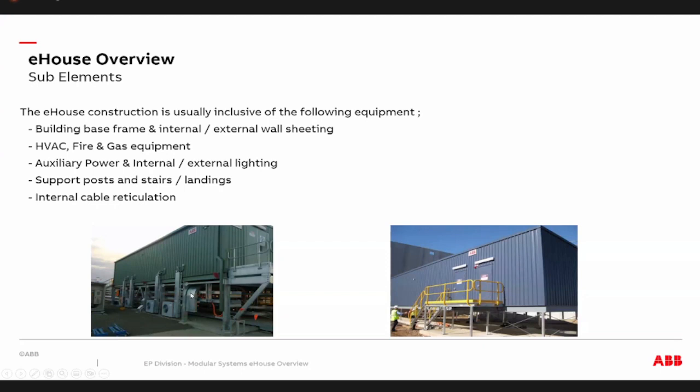And of course, yung mga support post natin, no? And stairs and landings, especially if we would like to have the bottom portion to become the cable trench natin or cable space natin, no? So of course with this kind of arrangement, since magkakalapit na yung mga equipment natin, then we will be able to have a better internal cable reticulation. Okay?